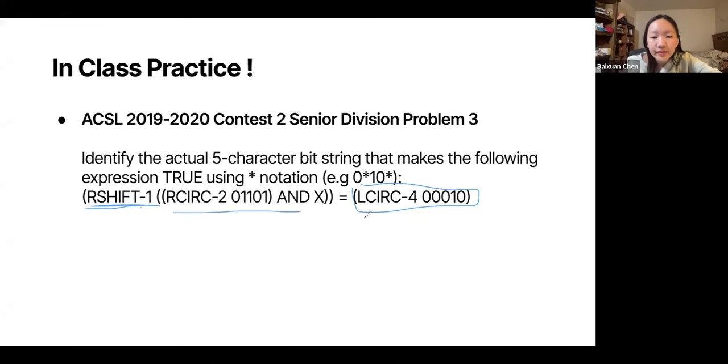So first let's evaluate left circle 4 of 0, 0, 0, 1, 0. So we remove the leftmost digits and we add them to the end. So it'll be 0, 0, 0, 0, 1. And then that is equal to this side of the expression.